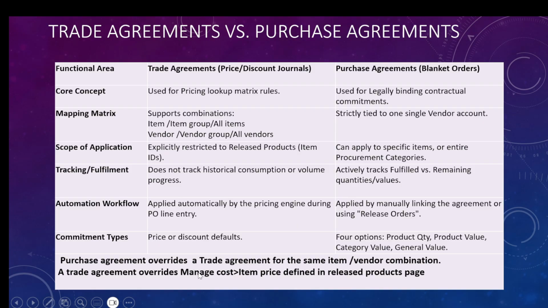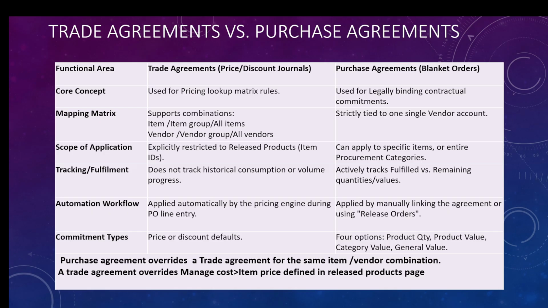Okay, so when I have an item price and I also have a trade agreement, the trade agreement overrides the item price, and I'll show you an example of how it works when there is an item price and a trade agreement for a particular item.